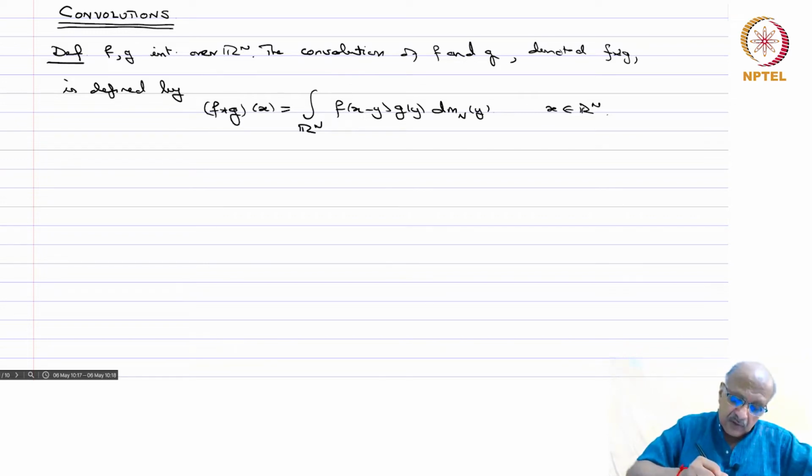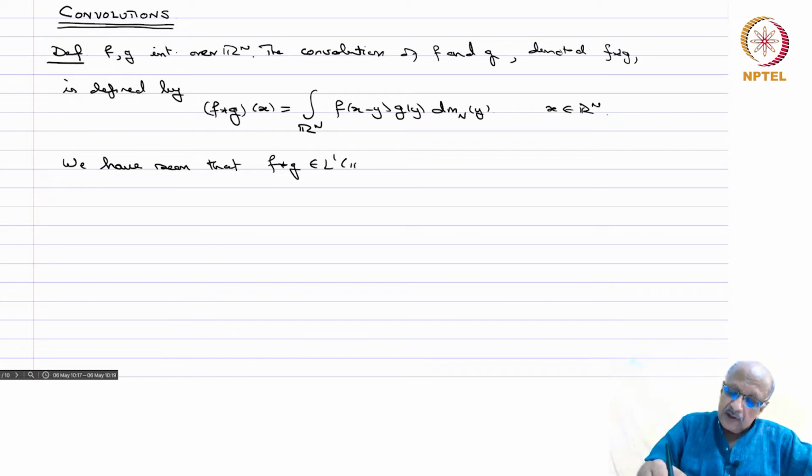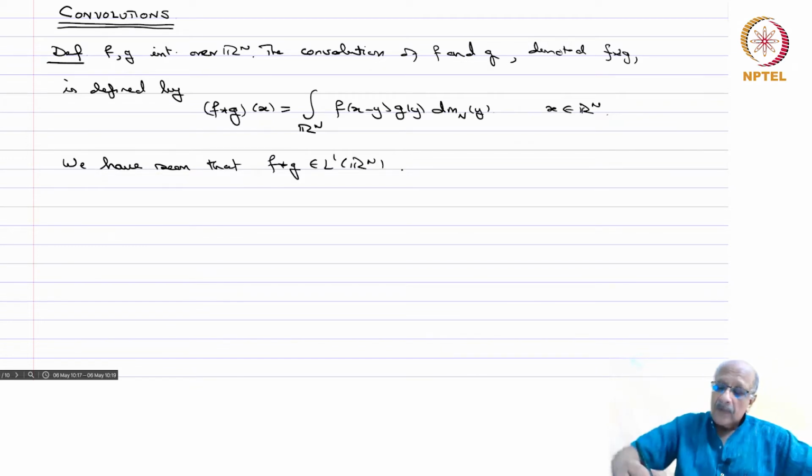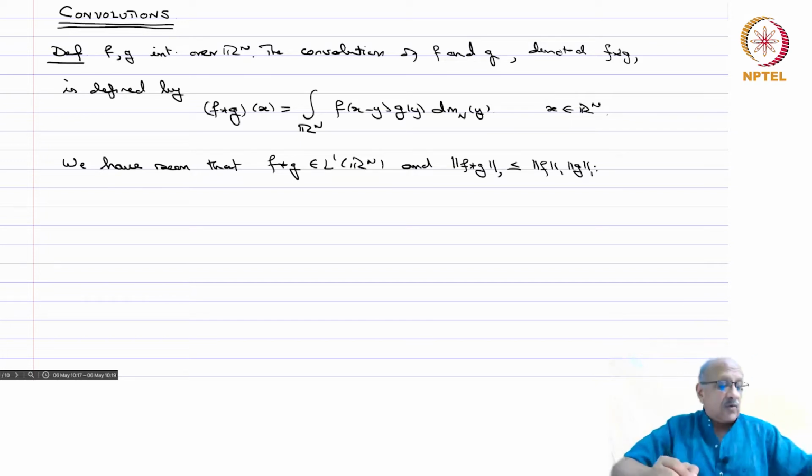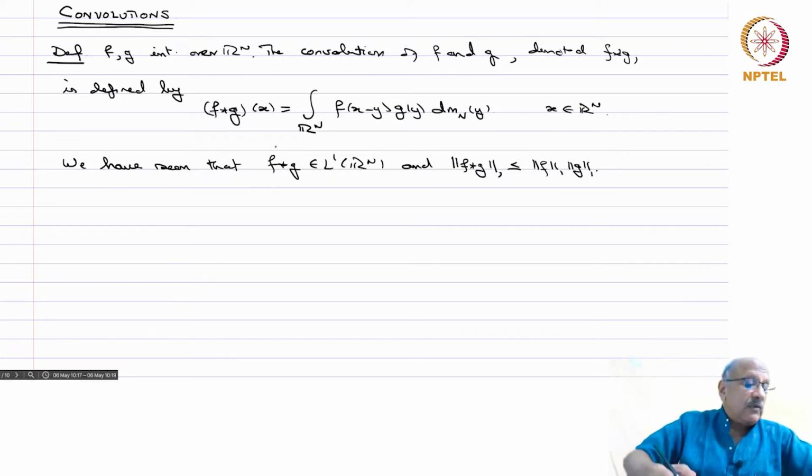Further, we have seen that f star g also belongs to L1 of Rn, and the L1 norm of f star g is less than or equal to the L1 norm of f times the L1 norm of g. This is a particular case of what is called Young's inequality, which we will now extend.